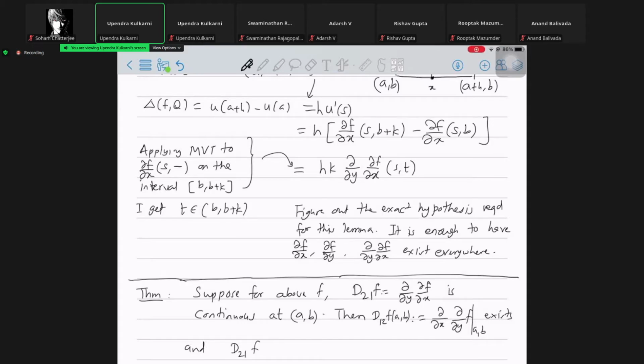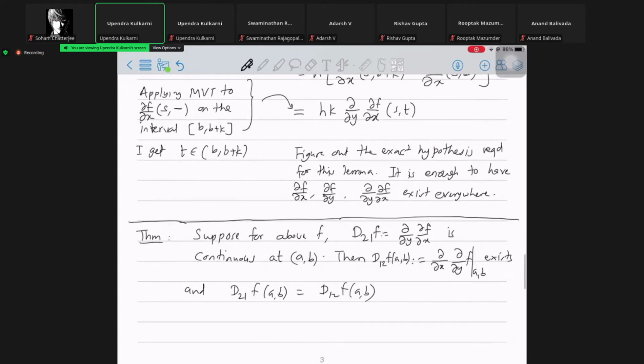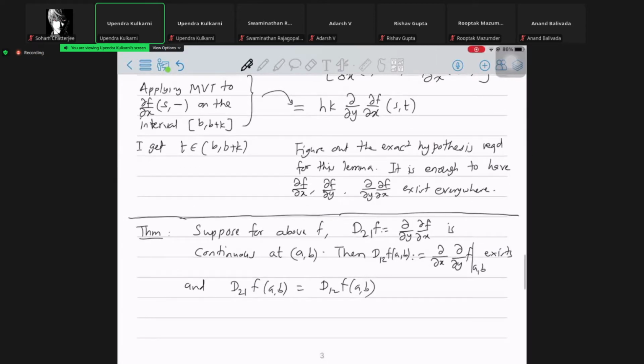So d21 f(a, b) is equal to d12 f(a, b). I'm just using this notation d12 and d21 for brevity. So let's prove this theorem.